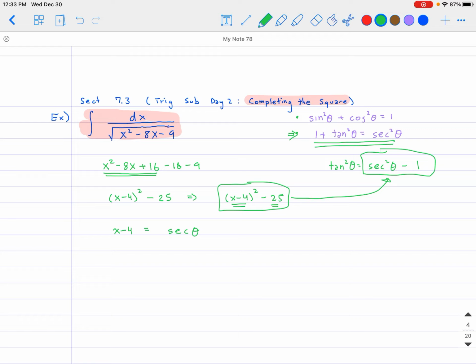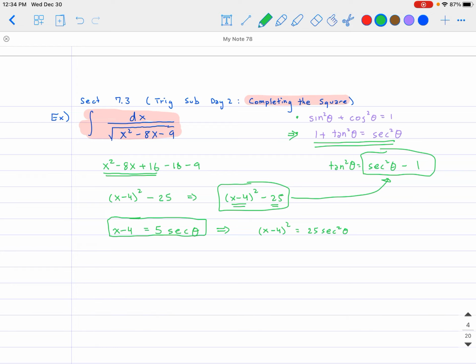So I need to multiply by 5 in my equation to compensate for that extra 25 on the outside. Let me show you what happens if I make that substitution. We'll box this first. If I square both sides, that gives me x minus 4 squared is equal to 25 secant squared of theta, as my substitution.